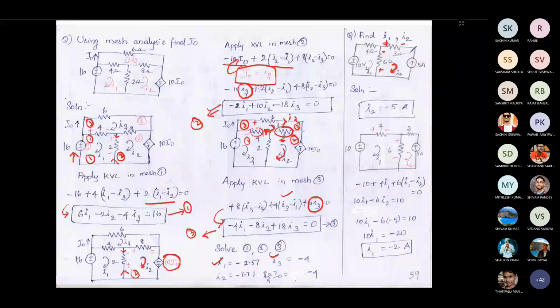Because across this current source, you do not know the voltage. Actually, in mesh analysis we apply KVL in order to find the current in the individual meshes. Since one current source is already there in this loop, the current flowing through this mesh will be 5 ampere only.